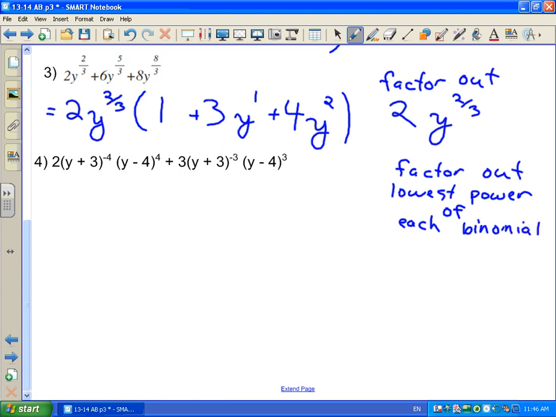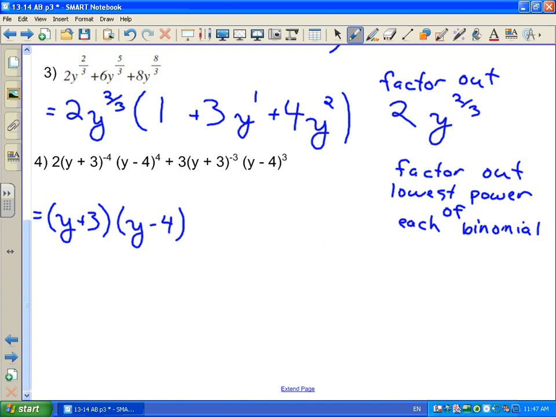So let's see. What is common here? Well, we've got a y plus 3, and we've got a y minus 4. So we're definitely going to factor out something that has y plus 3 and something that has y minus 4.